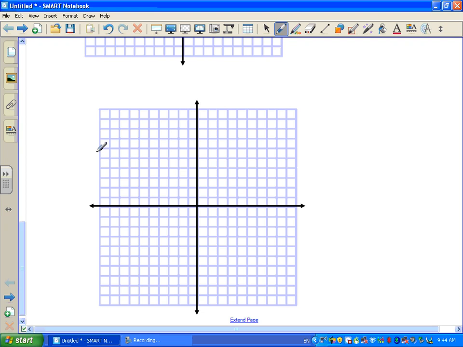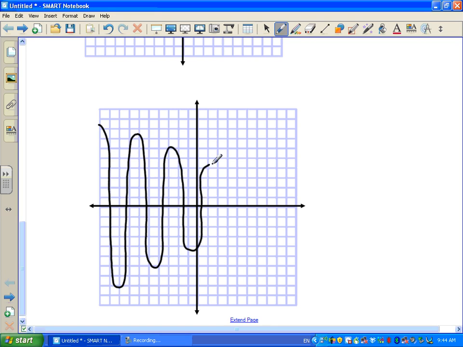Finally. Okay. Is this a repeating pattern? No. This is not a repeating pattern. The peaks are completely different every time.